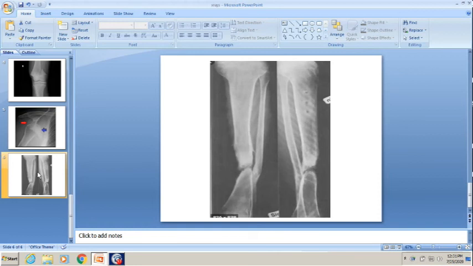Any one of you can unmute and answer. What do you see in this X-ray? Make it quick.